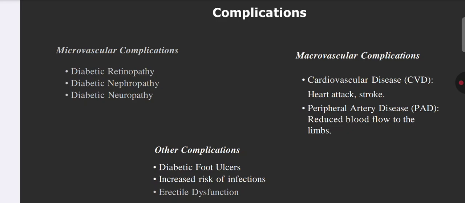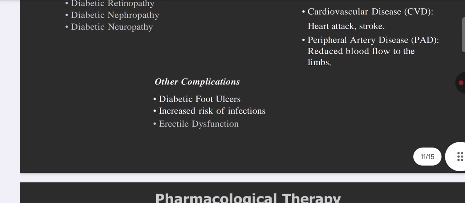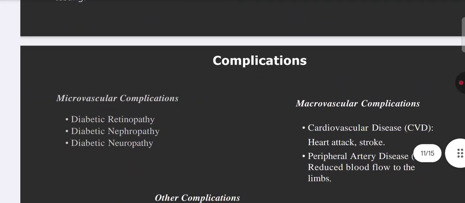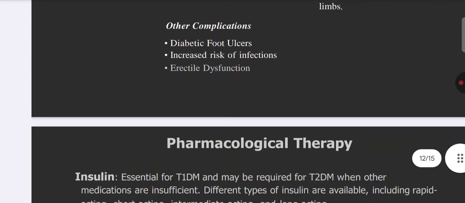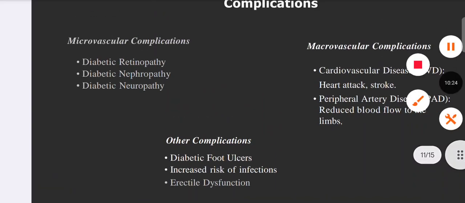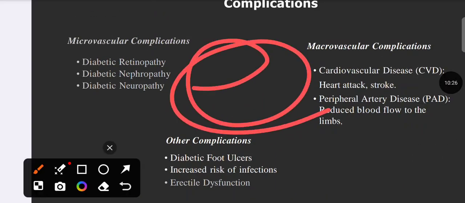He might also have diabetic foot ulcers, increased risk of infections, erectile dysfunction, fatigue. All these things come with diabetes mellitus. Gradually the person will develop these things in his body.